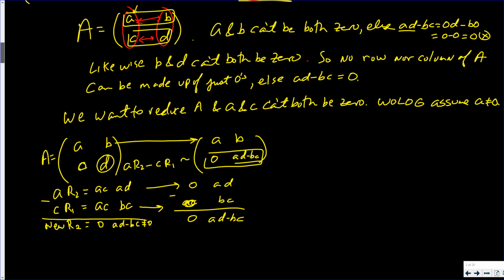Now, just for the record, if C is 0, D can't be 0, because AD minus BC, if C is 0, that product is 0, and if D is 0, that product is 0, we get 0. Okay.